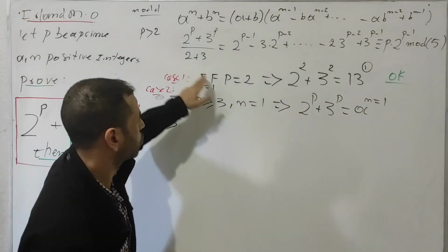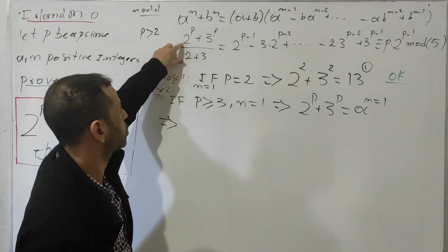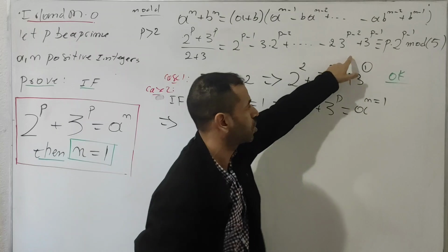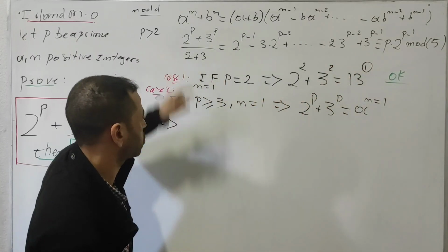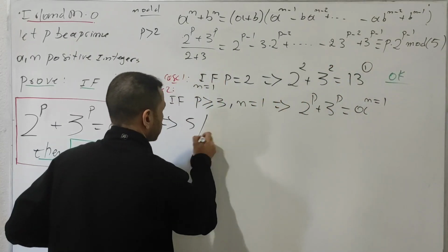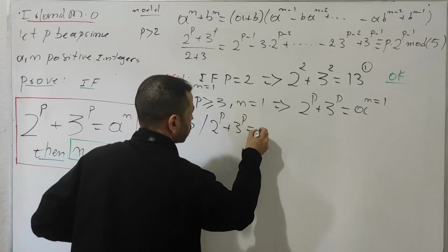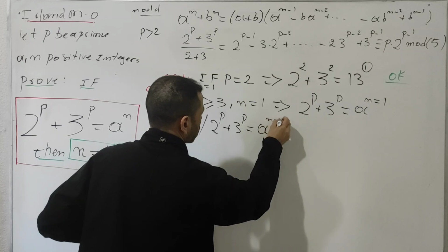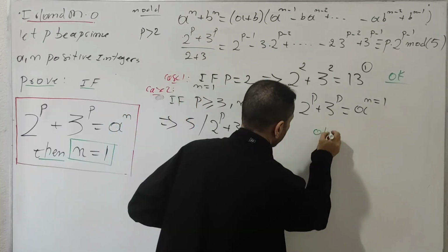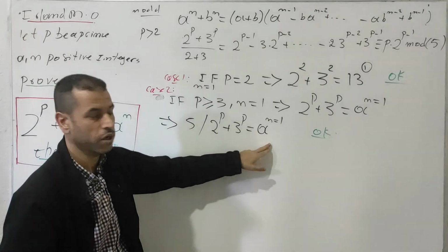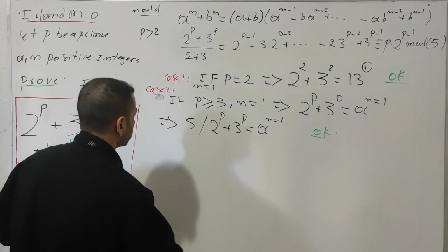Okay? We know 5 divides this term, because this one divided by this one is giving us this expression, which is an integer. Since this one is an integer, that means 5 divides this term. Since 5 divides 2 to the p plus 3 to the p, which equals a, when we have n equals 1, we are okay. In other words, 5 divides a. Okay? Let's check the third case.